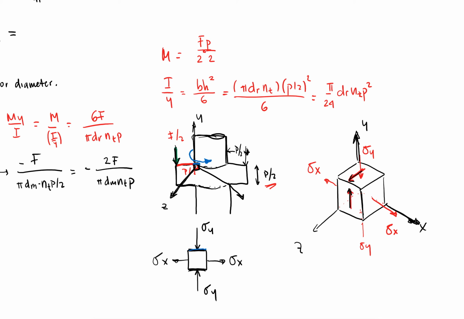And just as a reminder, because some of you have probably forgotten about this, that would be a tau yz, because it's on the y face, the normal face to the y component, and in the z direction. Okay, and then this would be tau zy, which is basically the same.